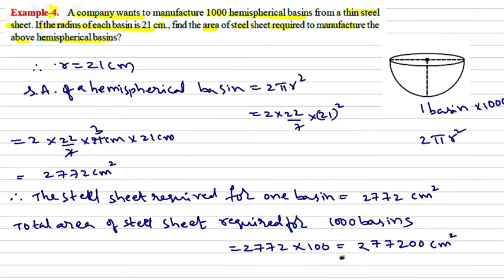So it is an answer. If you want to convert centimeter square to meter square, we need to divide by 100 into 100, that is 27.72 meter square will come.